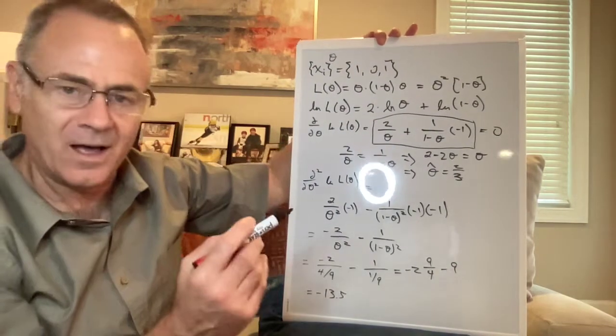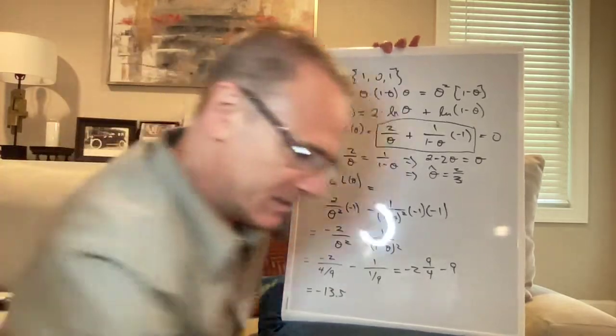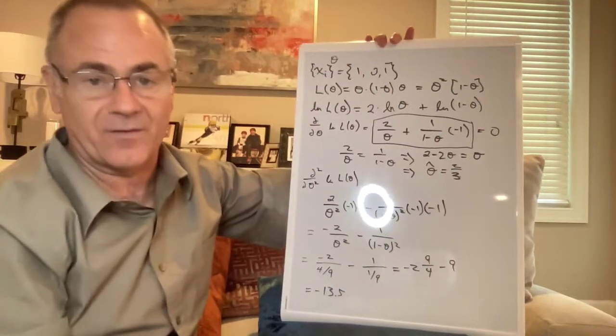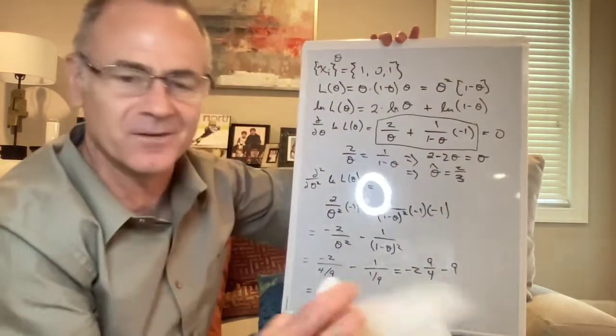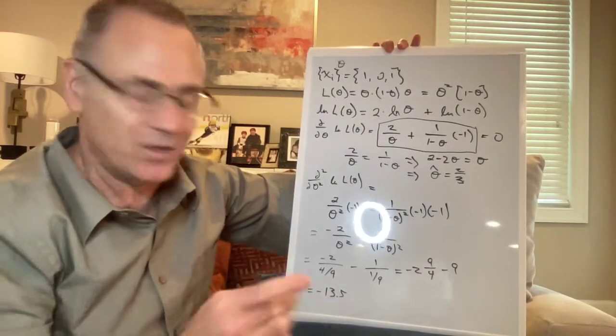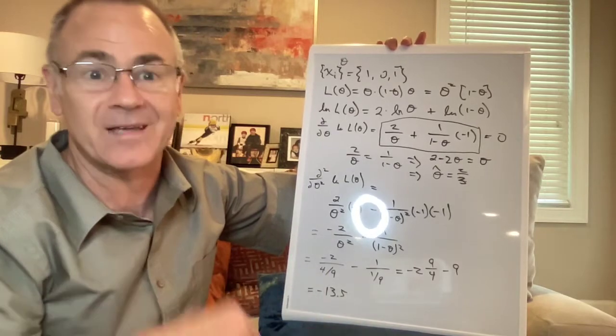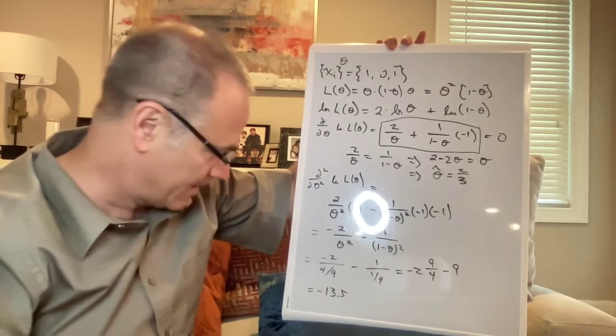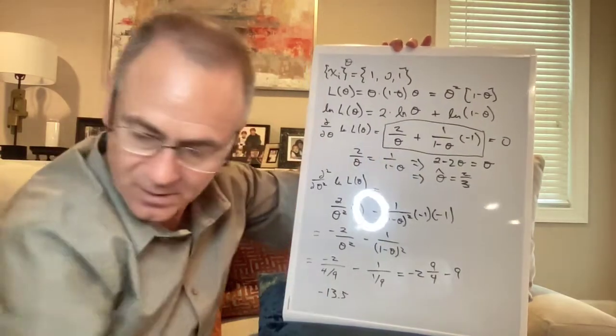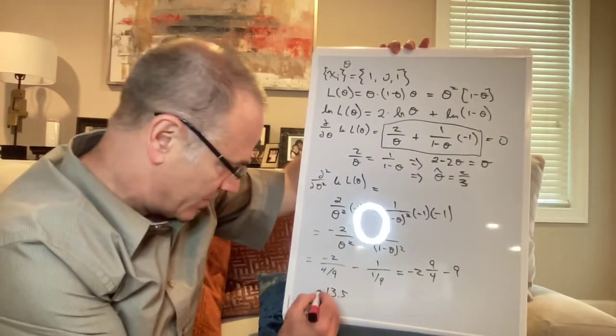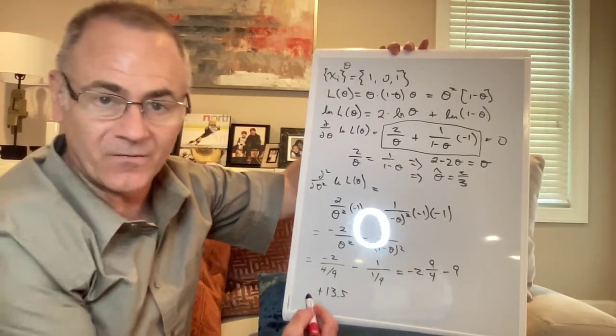Now remember what we want. Fortunately, I already erased the board. What we took is the second derivative of the log of the likelihood. We take the negative of that, so we get positive 13.5.